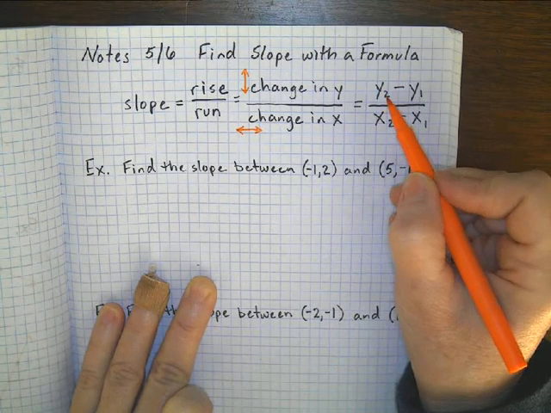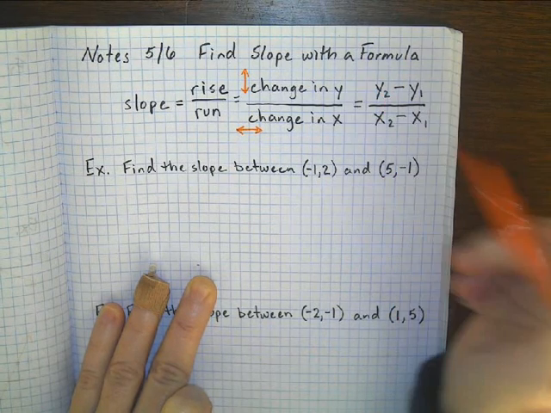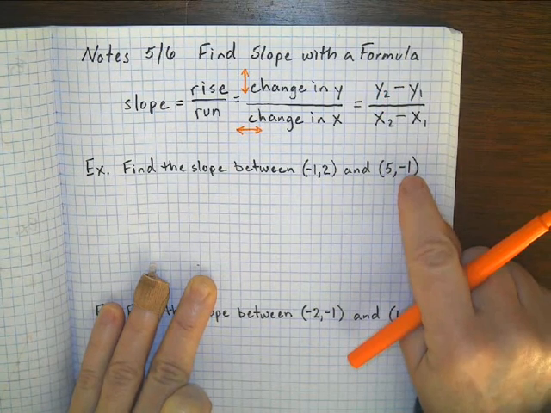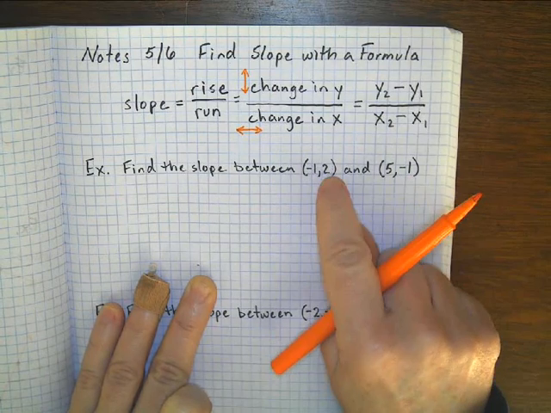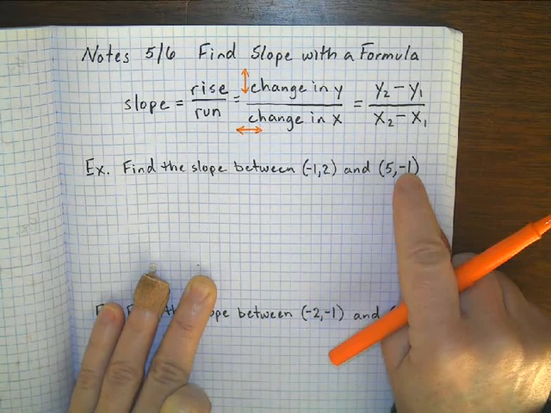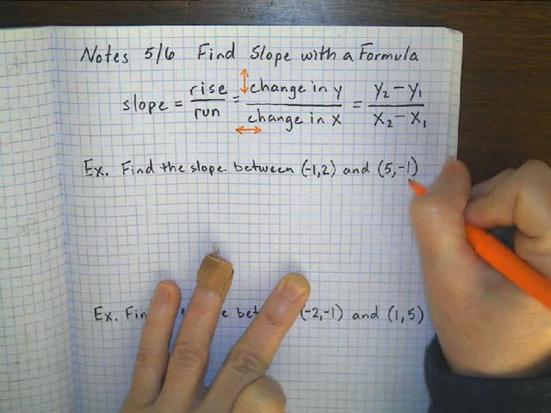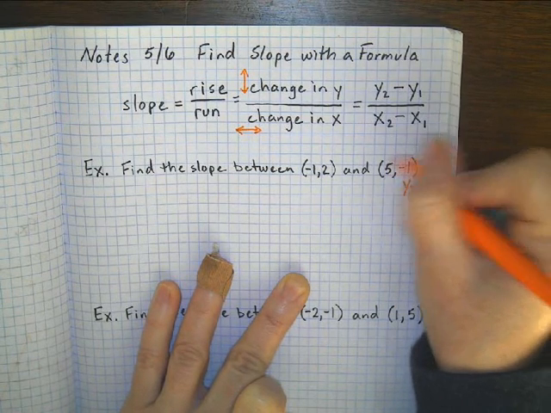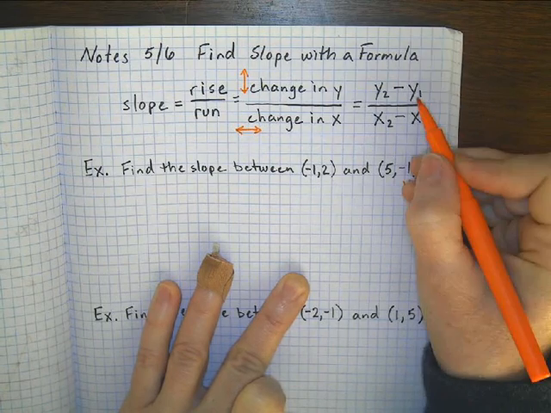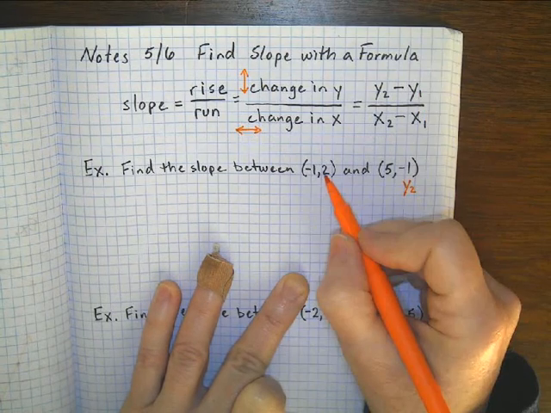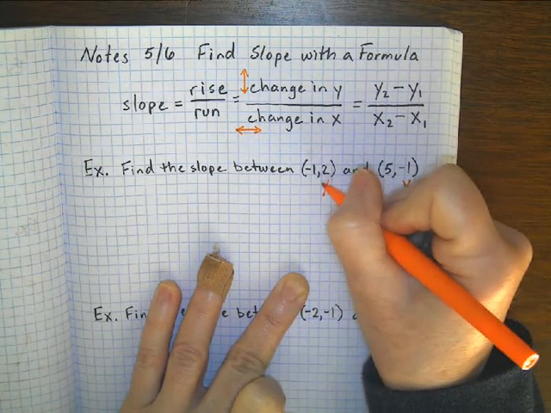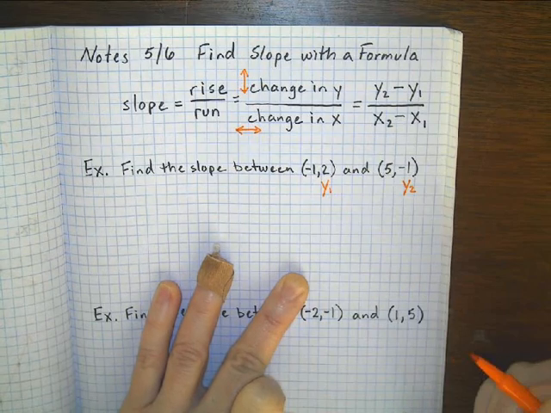Y sub 2 means the second y. This is the second y, because it's the second point that I have. And y sub 1 would be the first y.